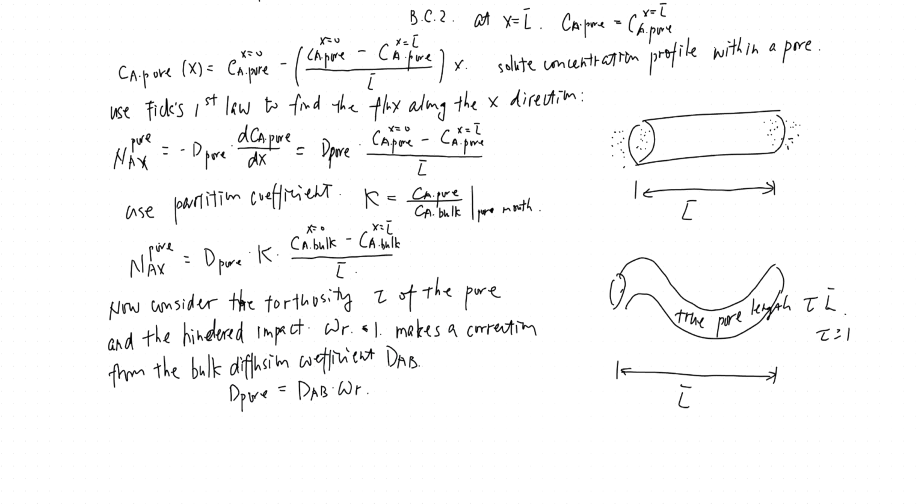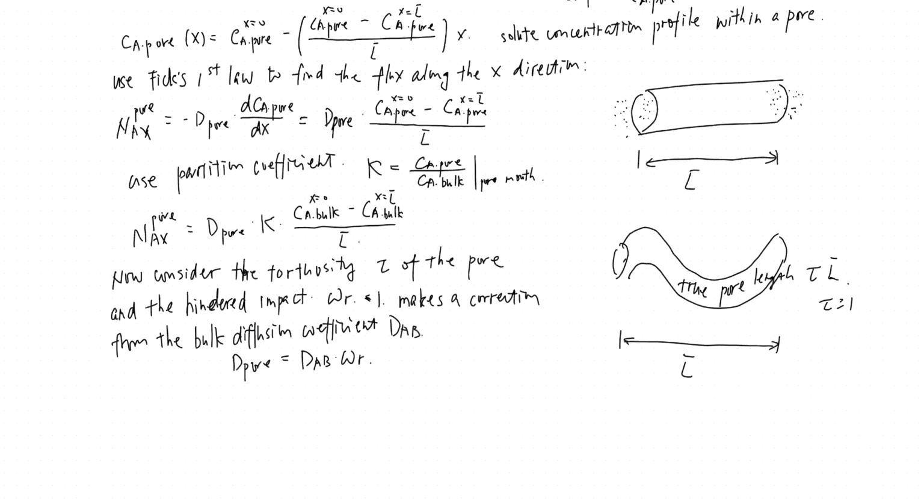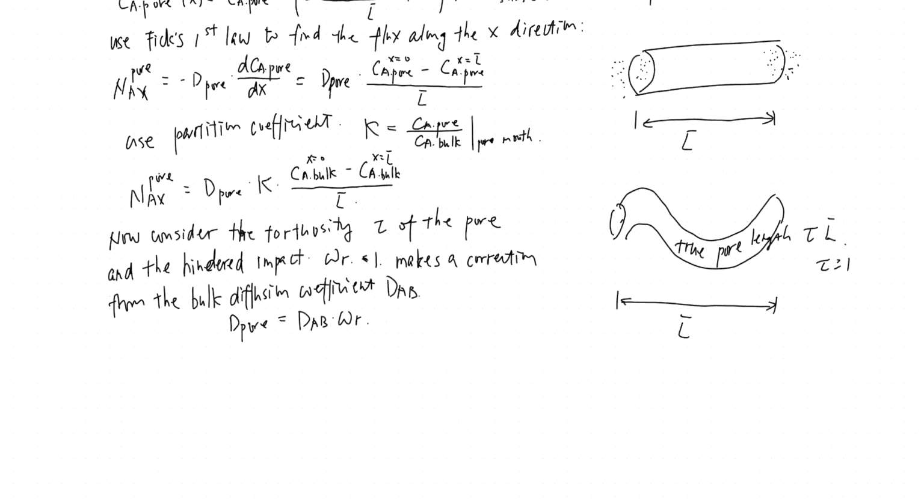So considering the tortuosity, and also introducing omega r, now we can rewrite our flux in the pore in terms of alternative symbols.